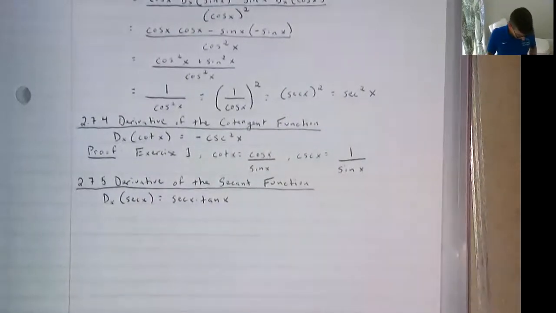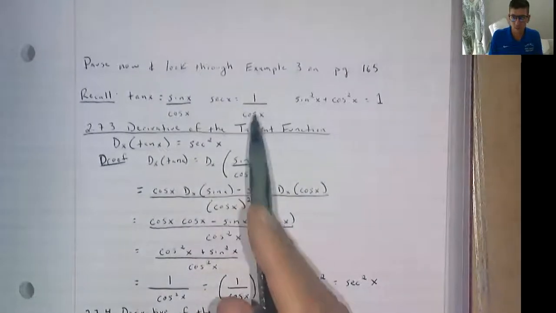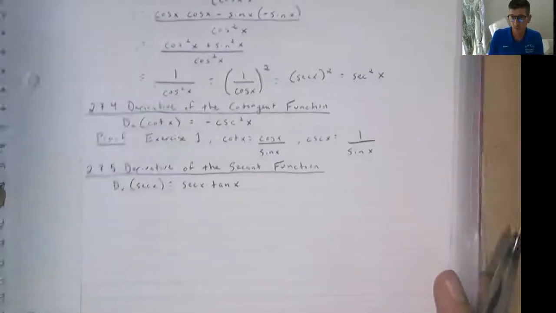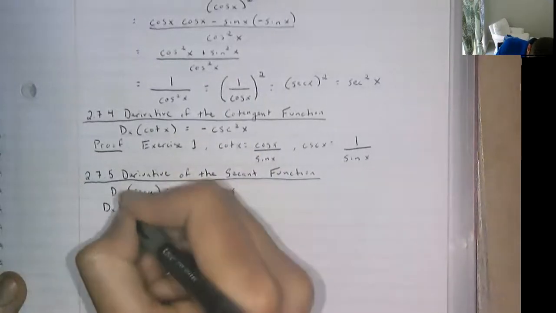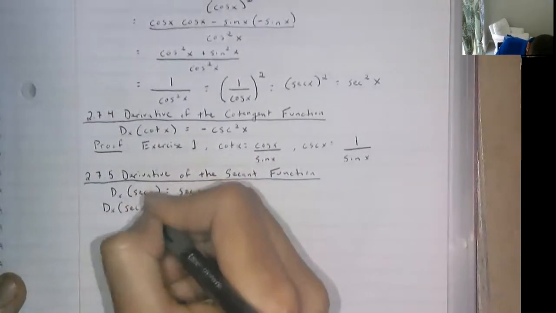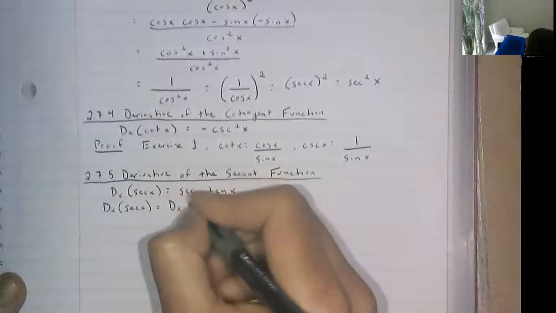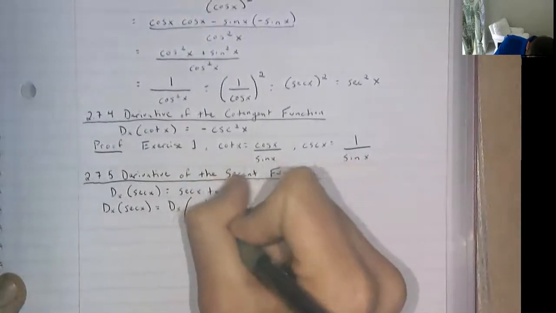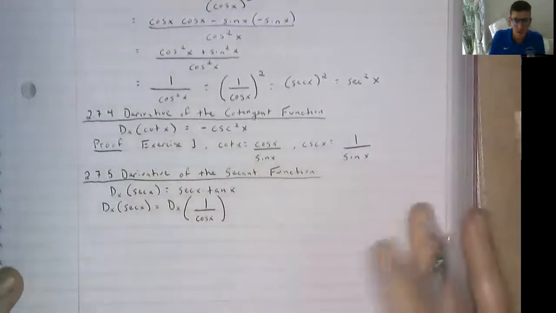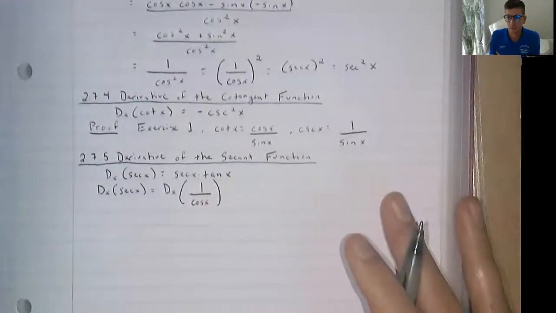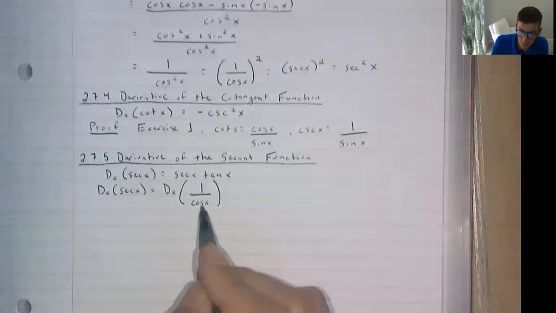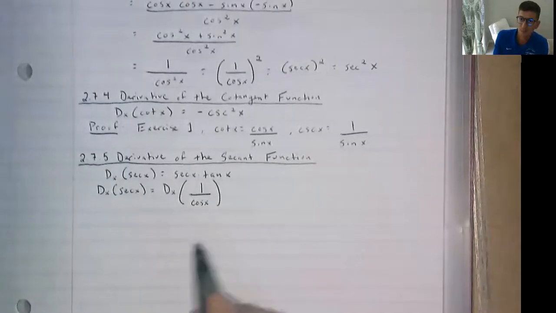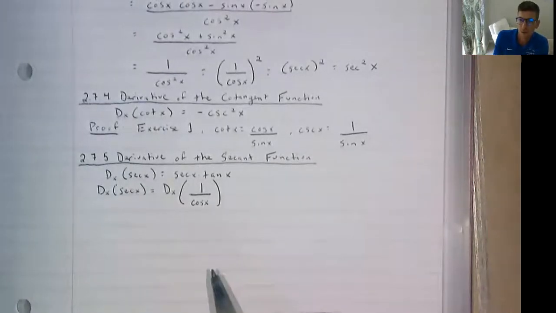The recollection we're going to do here, we already did actually, so we're going to recall again. Secant of x is the reciprocal of cosine, and then we're just going to differentiate that. So we think of it as the derivative of the reciprocal of the cosine, and then apply the quotient rule with our newfound knowledge of the derivative of the cosine, otherwise known as the opposite of sine.